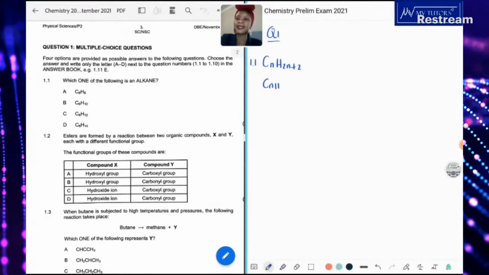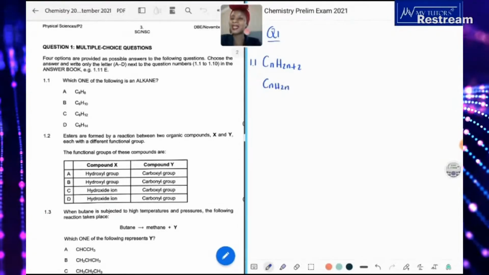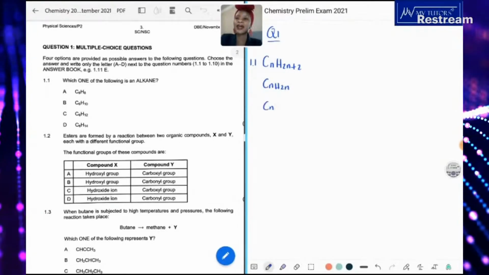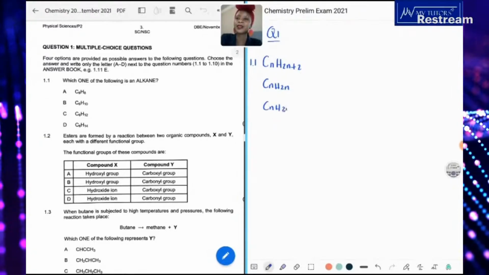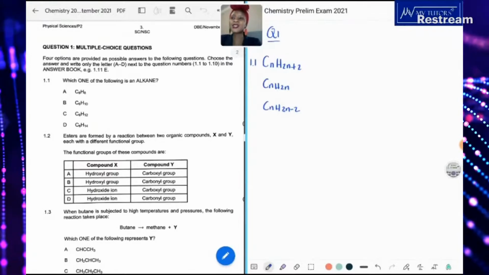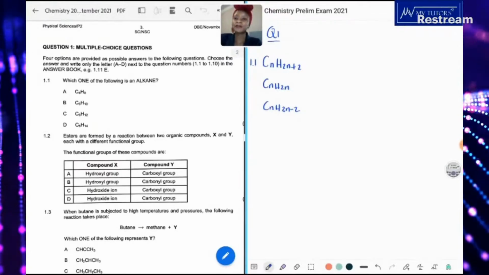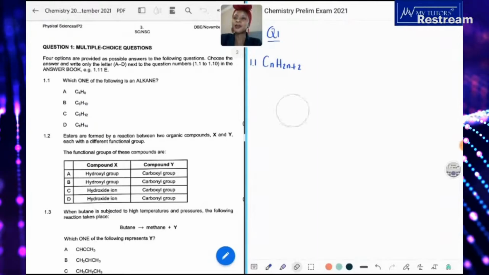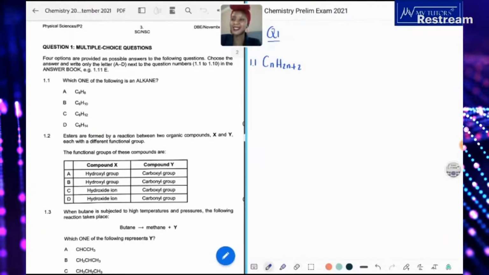For the alkene, it's just going to be 2n, and for the alkyne, it's going to be 2n minus 2. Let me just leave the one for the alkane because that's what they asked.